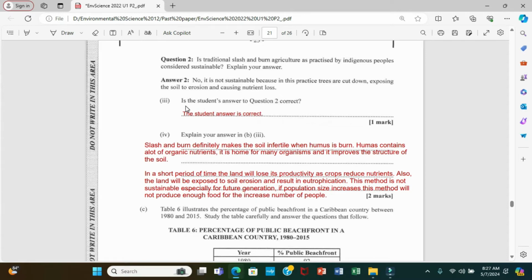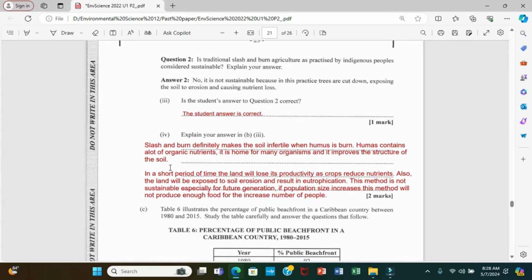And you were to answer this now. Is the student answer to question 2 correct? Well, yes, I would say yes. The student is correct. Normally, clearing the land, guys, and burning, exposing the soil to soil erosion is not sustainable for the environment. So, of course, it says explain your answer in B.